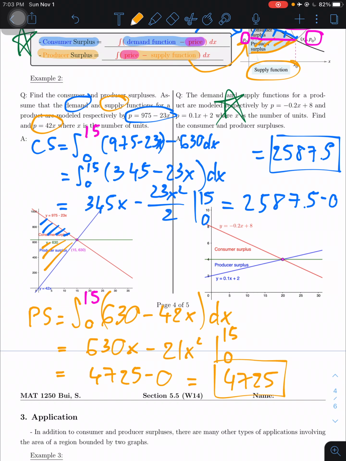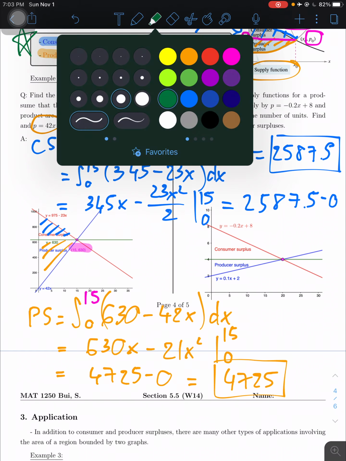The surpluses, we're talking about area, we're talking about a region in here. It's not a line, it's not a point, so make sure you pay attention to that. And what do I also expect in the graph? I want to see the point of equilibrium, and I want to see the line of the price.